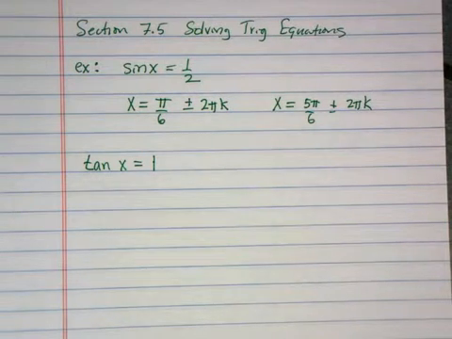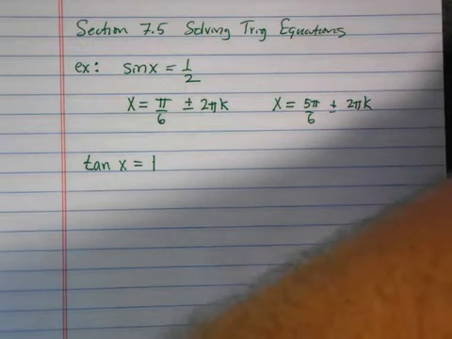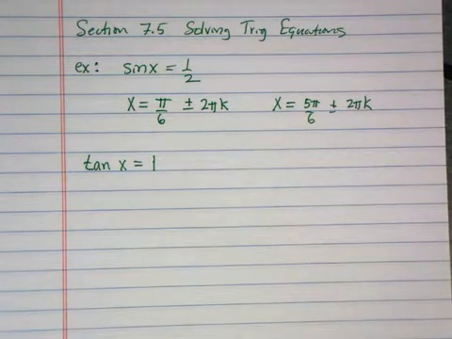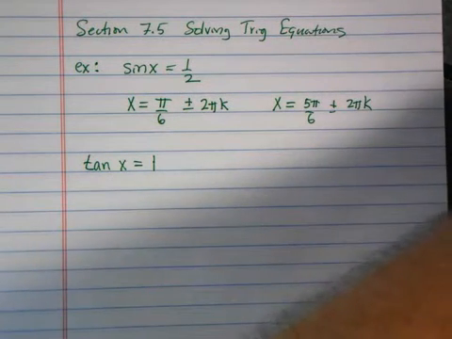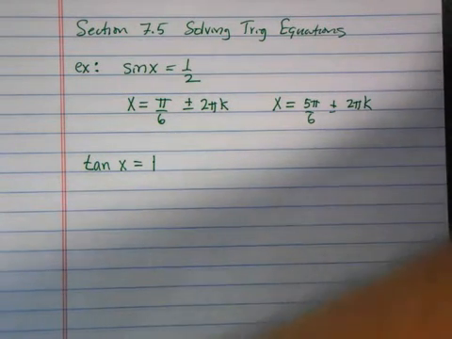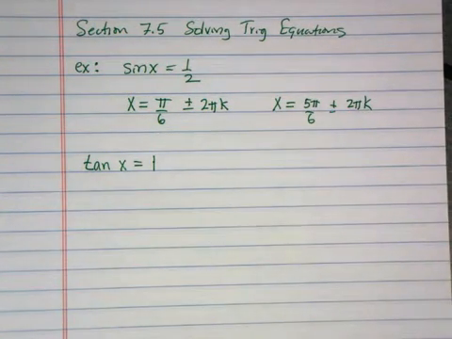Let's go back to that sine graph. How long does it take to make one complete cycle for sine? The period is 2 pi.